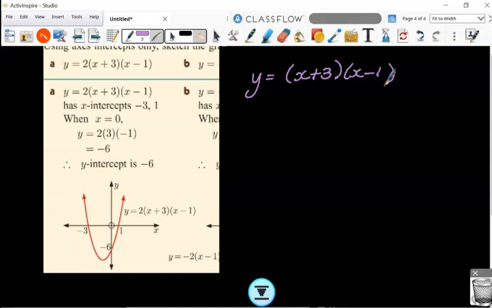What would that look like in comparison to this? It would be a bit wider. Absolutely, it would be a dilation, wider. It still has the same x-intercepts, but your y-intercepts would change.